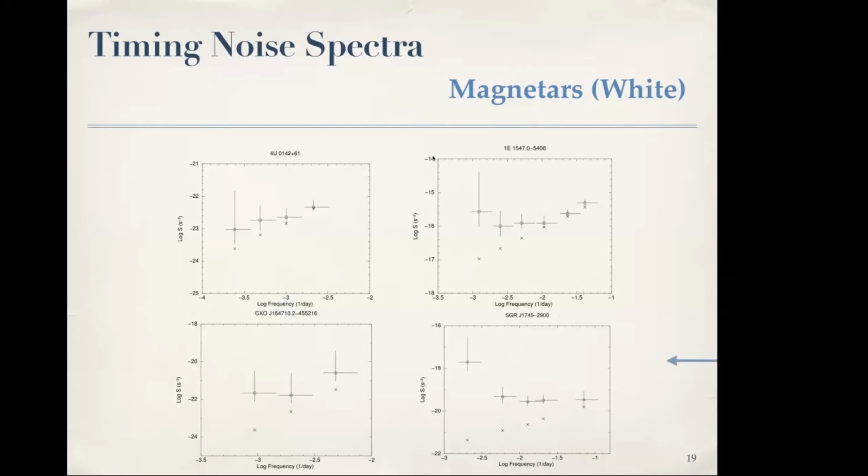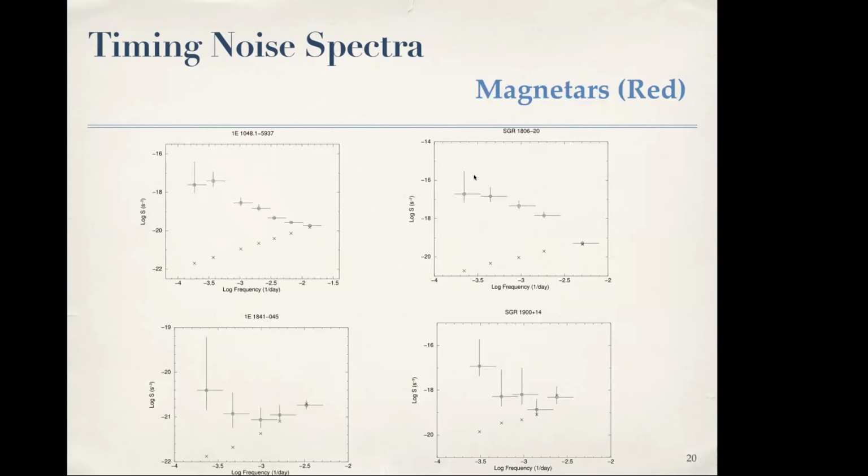However, SGR J1745 and 1E1567 have a reddish point at their longest time scales. This may imply a red noise formation at longer time scales, therefore more data are needed for a better understanding of their timing noise behavior.